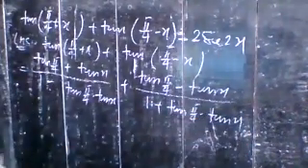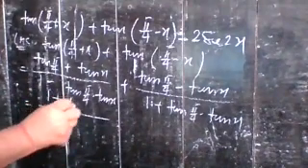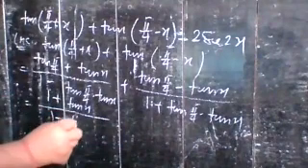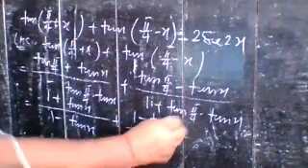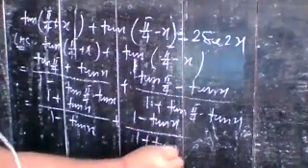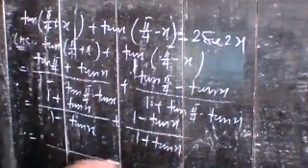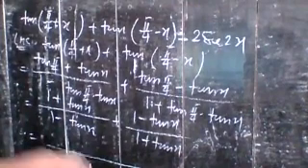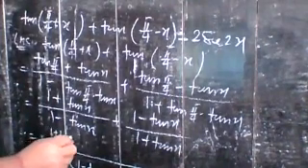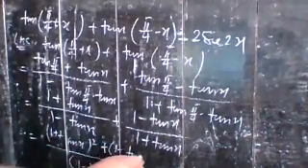Now putting the value of tan pi by 4, you have 1 plus tan x upon 1 minus tan x. In the same way, here you have 1 minus tan x upon 1 plus tan x. Now taking LCM, you have 1 minus tan x into 1 plus tan x, and here you have (1 plus tan x) whole square plus (1 minus tan x) whole square.